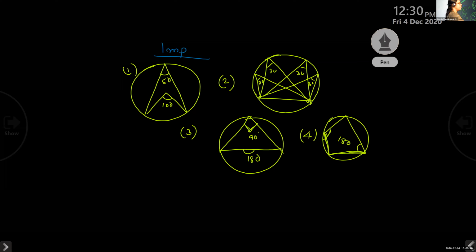You understood this now? This angle A plus angle B, when you add, you will get 180 degrees. Opposite angles are equal. Note that down. Did you note down, children?